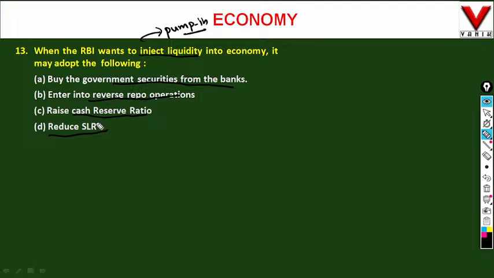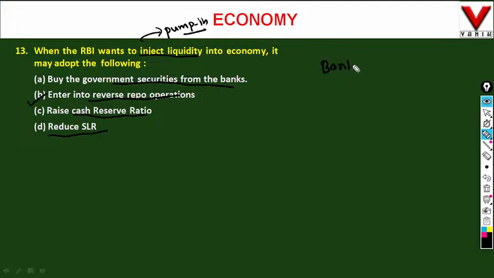It will enter into reverse repo operations. See, this is a tricky question.